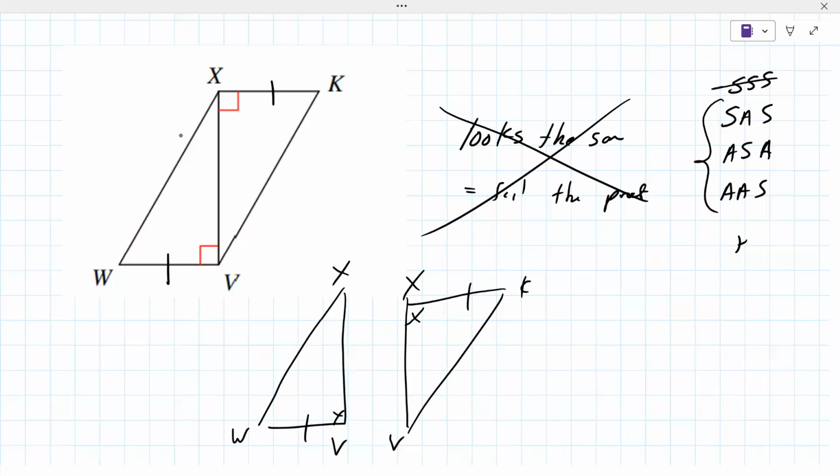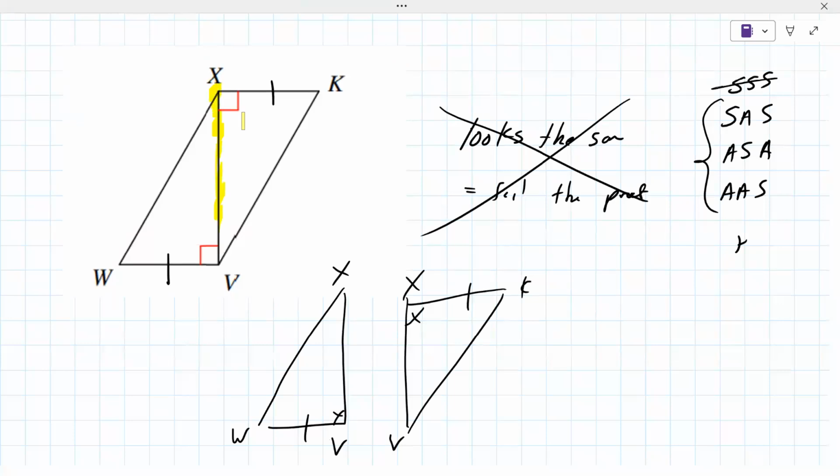XW and KV? No, they are not congruent yet. XK, we already have that.